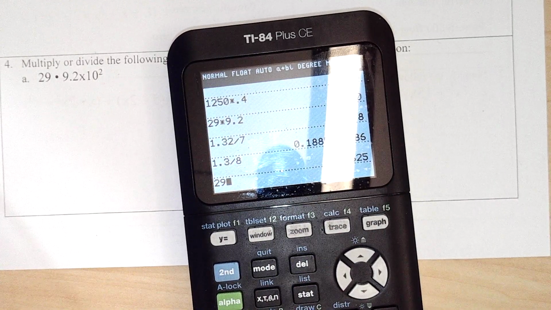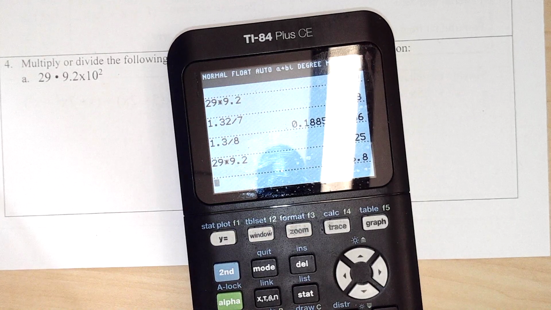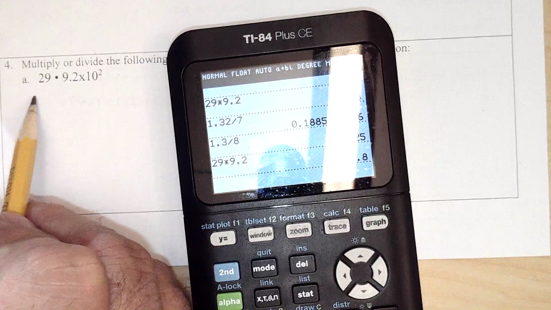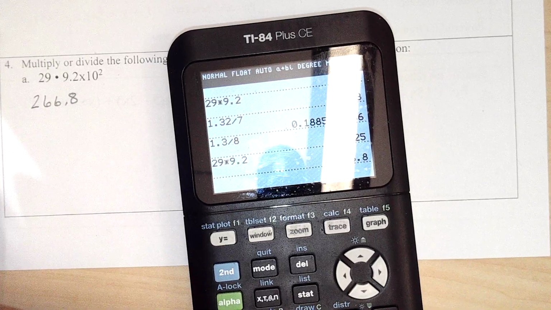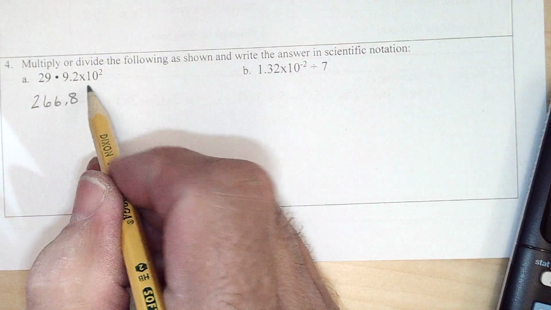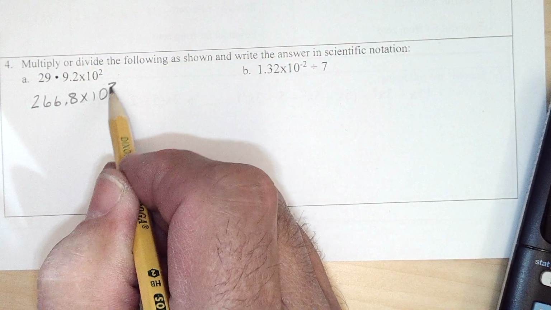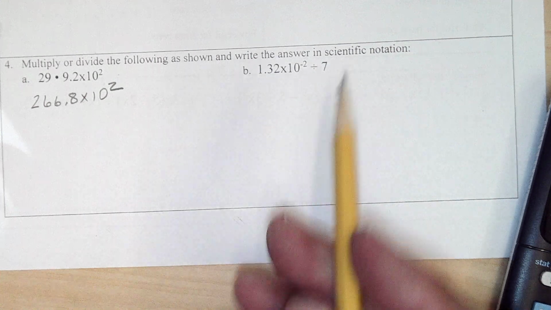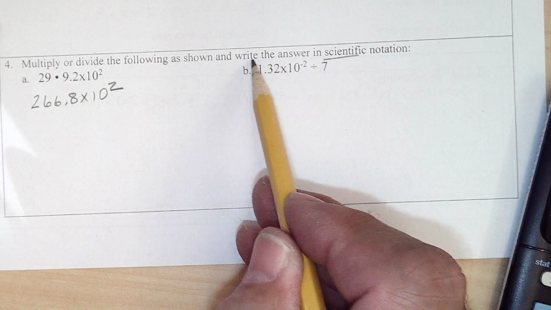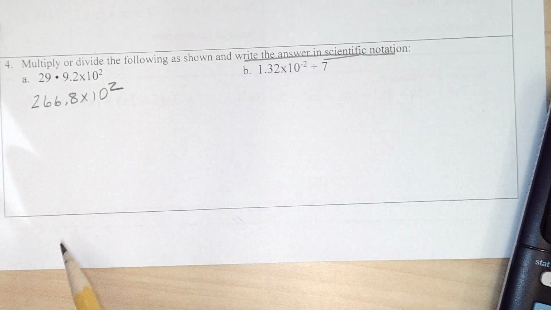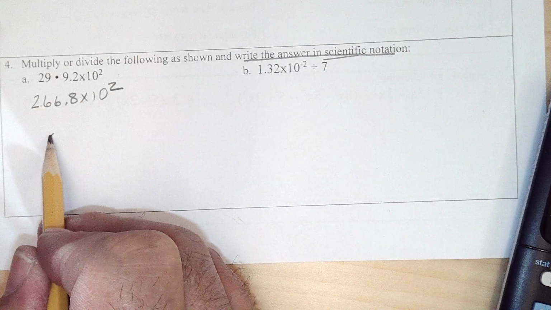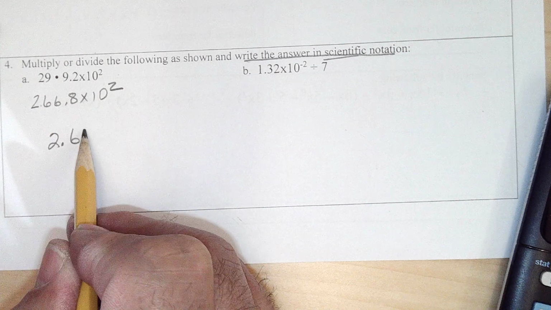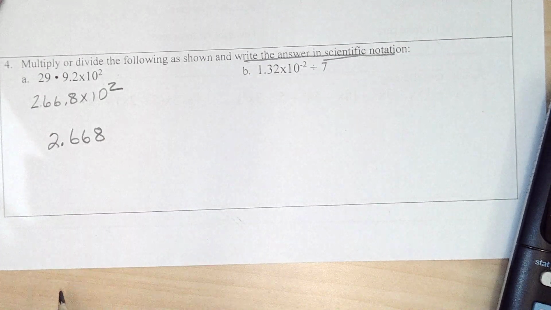29 times 9.2 is 266.8, and that's times 10 to the 2. But I have to write it in scientific notation, which means I have to move the decimal to there. So the answer is going to be 2.668.